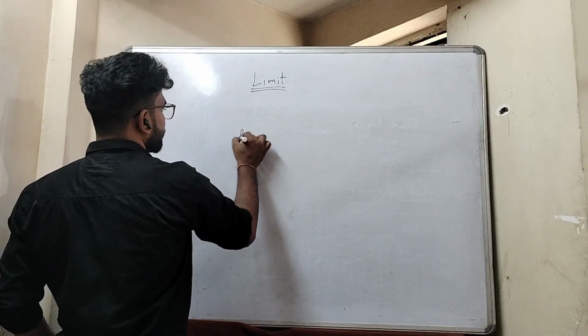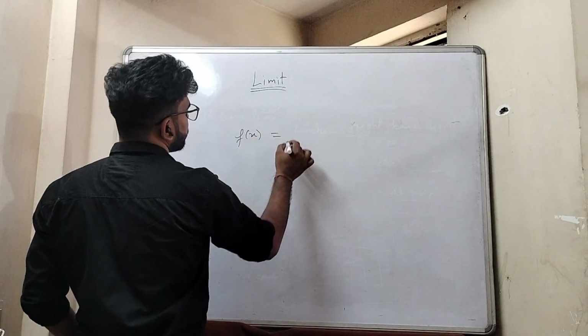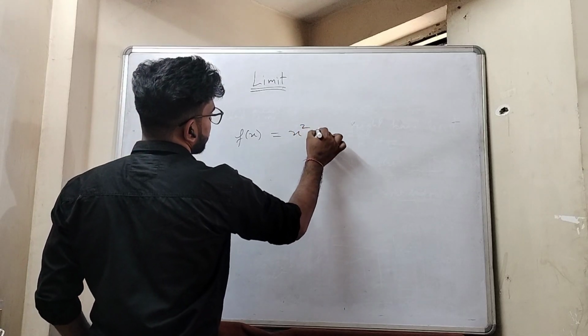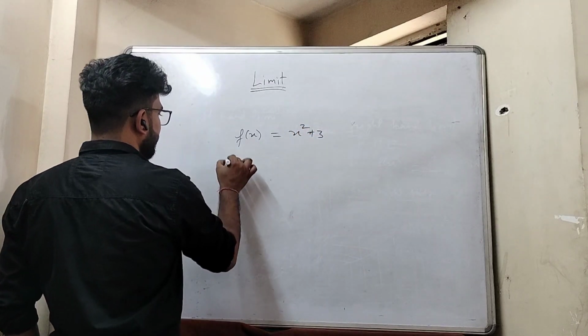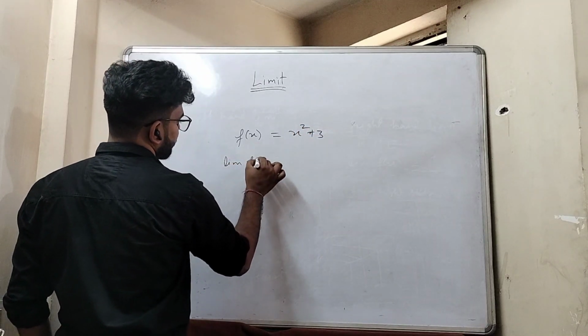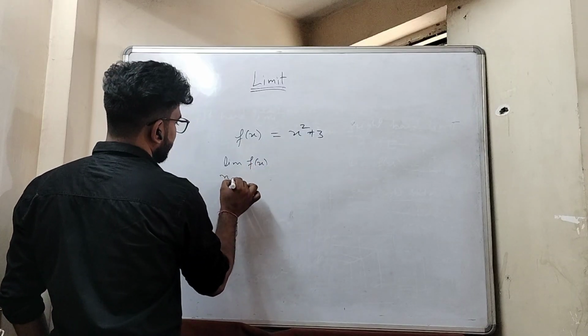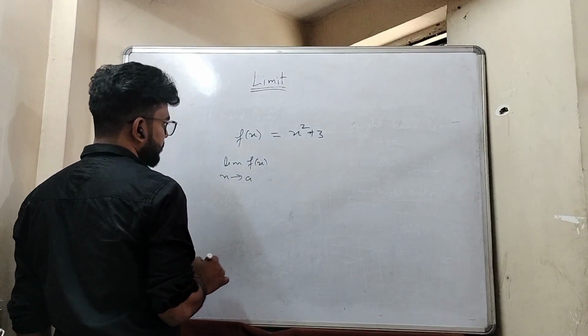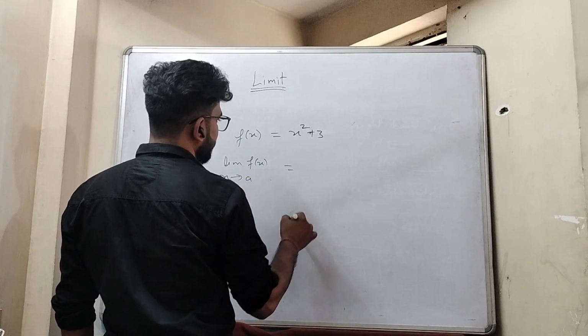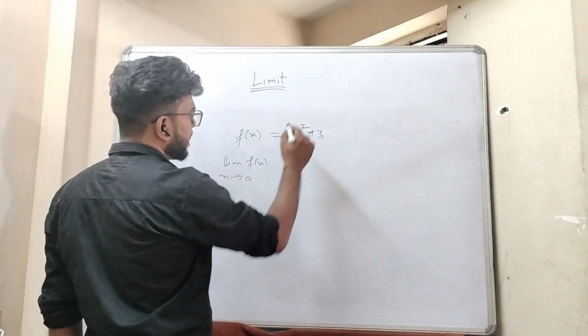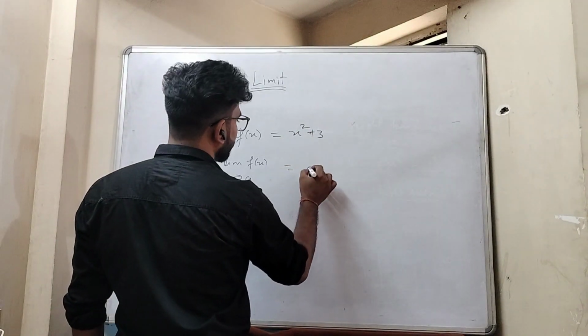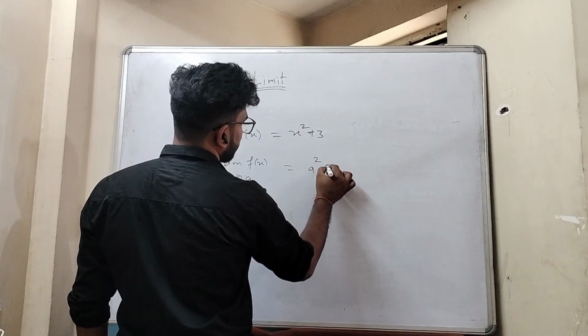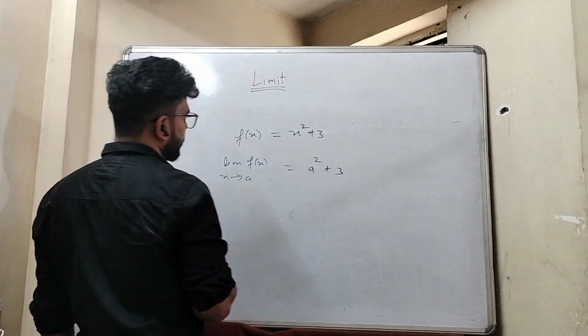Suppose you are given a function f of x equal to x square plus 3. Then the limit of this function f of x when x approaches A is nothing but we just put the value of x in the given function. So my limit would be A square plus 3.